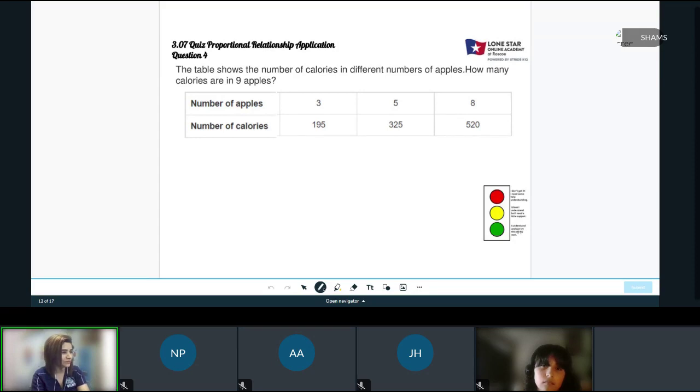If you want to create another piece over here, how many calories are there in 9 apples? Oh, I'm not sharing the right screen with you. Let me go back. So they're asking you how many calories are there in 9 apples? So put a question mark for calories and you want to find it for 9.